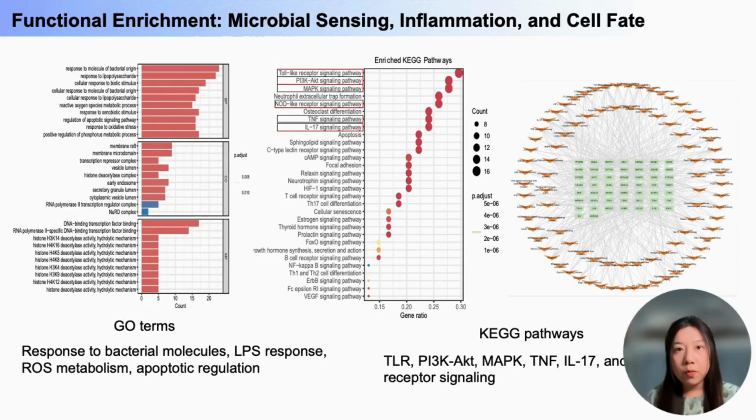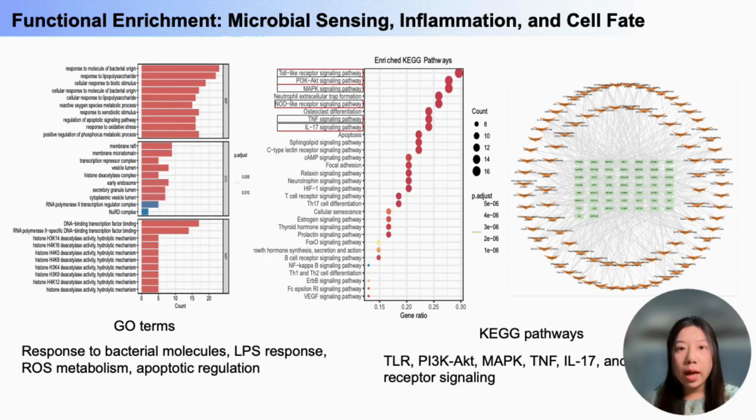We then performed functional enrichment analysis. For GO analysis, the enriched terms include response to bacterial molecules, response to lipopolysaccharide, reactive oxygen species metabolism, and regulation of apoptosis. These terms are related to the gut-immune-brain interface. For KEGG, several pathways were enriched.